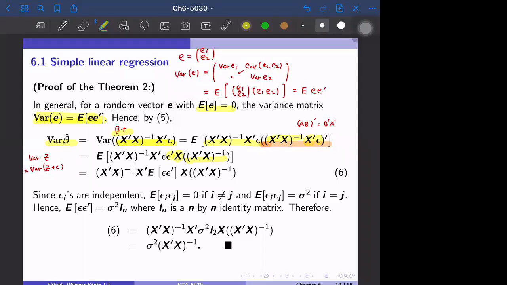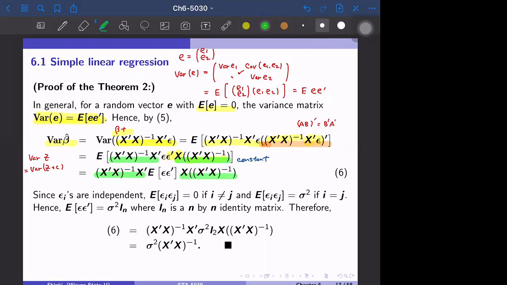Now we have this term and this term, but these are constant. Remember that only epsilon brings in the randomness.